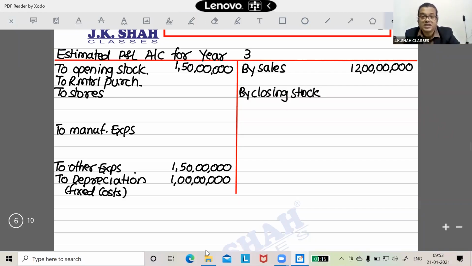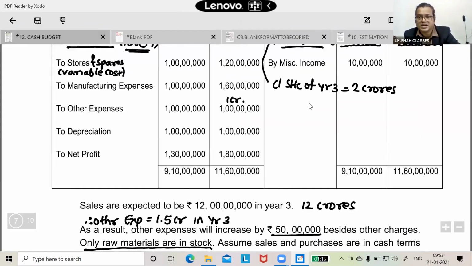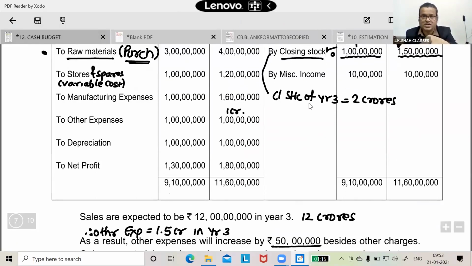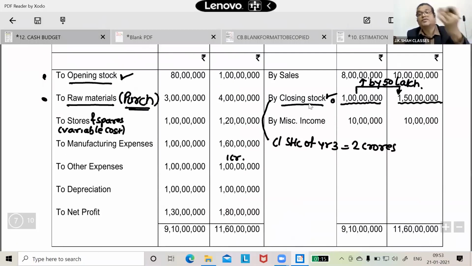The increase in the stock will be same as the difference between year 1 and 2. From year 1 it is 1 crore, year 2 it is 1 crore 50. Gone up by 50 lakh. Same gap it will increase between year 2 and year 3. So already it's 1 crore 50. In that you add 50 lakh, so it will become 2 crore.